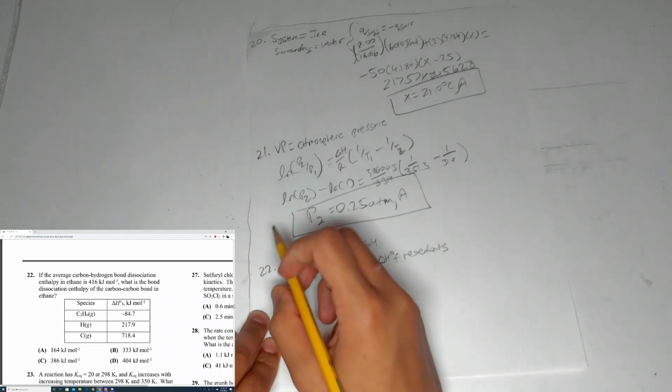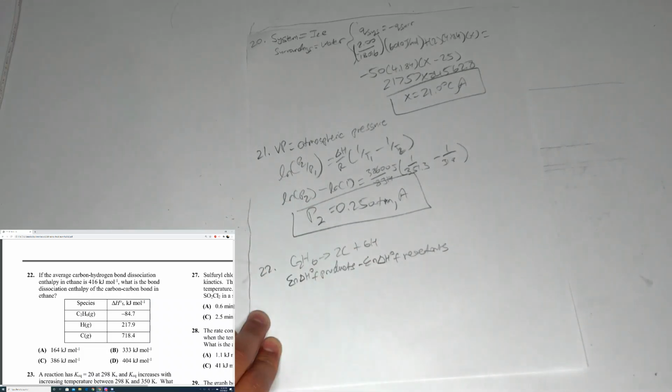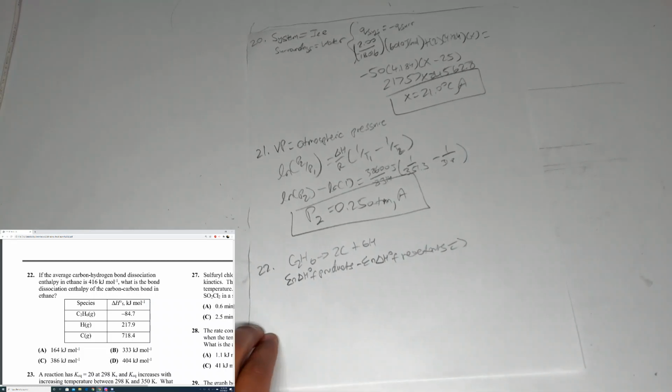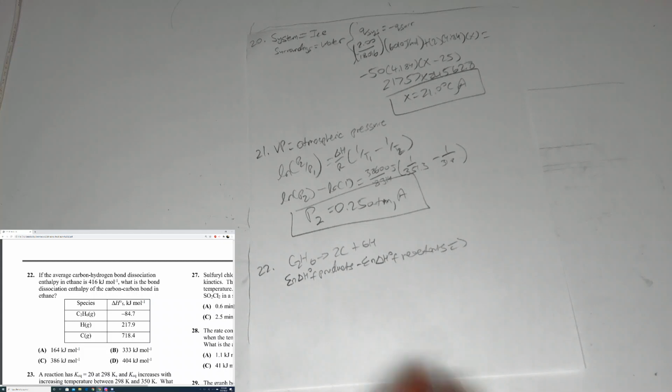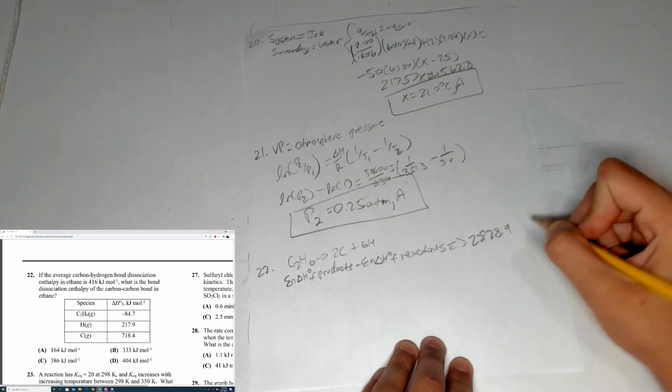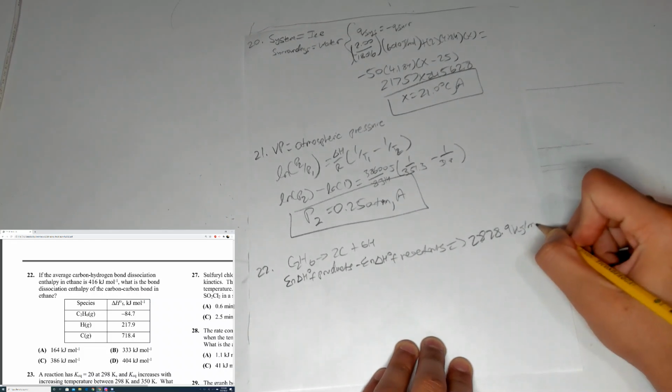Now when you use this equation, you find the sum of the delta H of formation of the products times the stoichiometric coefficient, minus the sum of the delta H of formation of the reactants, times its own stoichiometric coefficient. And this will give you 2.829 kilojoules per mole.